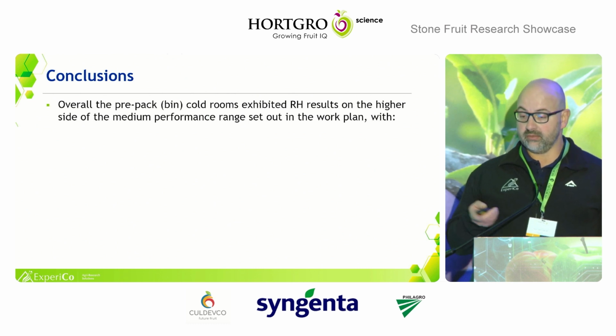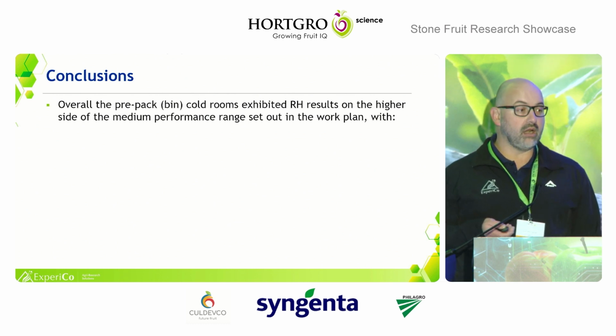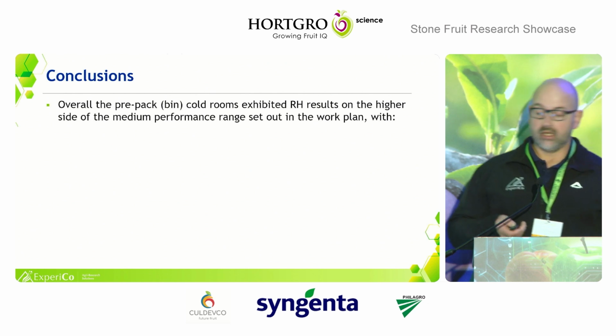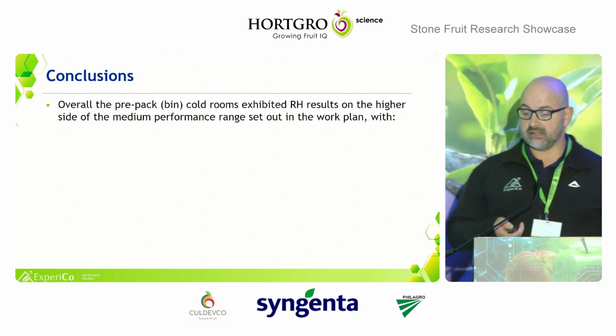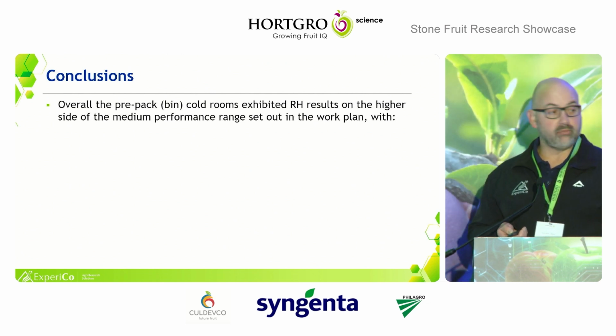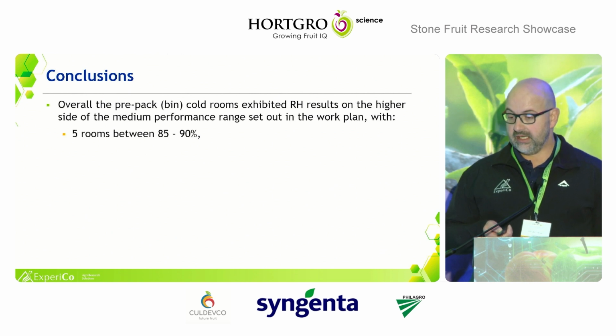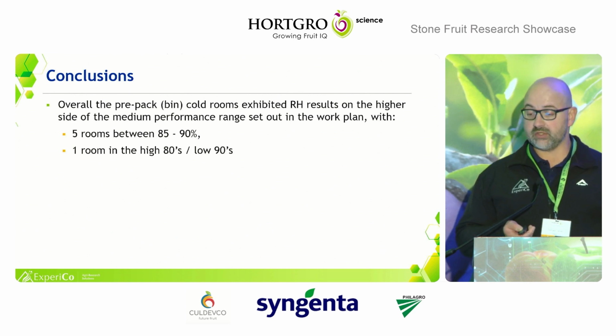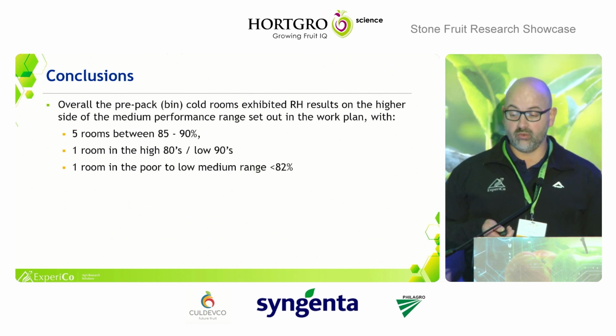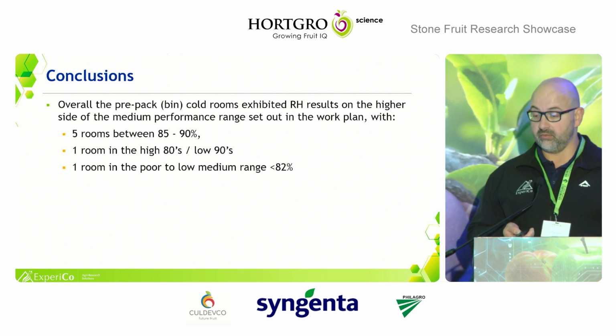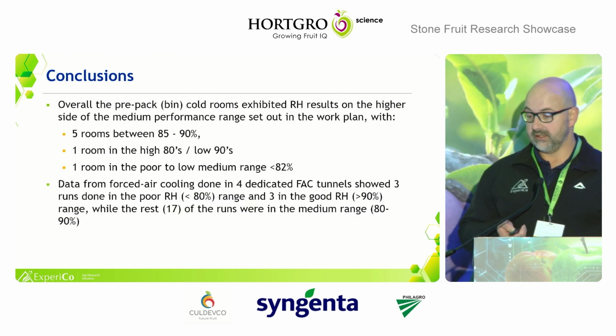And that's very critical because there are no liners on that fruit, so you need to up that relative humidity because there's no barrier protecting the fruit. In 5 rooms, it was between 85 and 90%. One room was in the high 80s, low 90s, and one room was in the poor to low medium range at 82%.